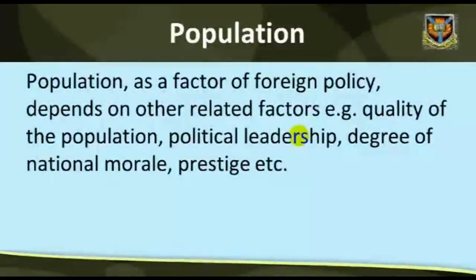In summary, population may enable or prevent a state from achieving its foreign policy objectives depending on a number of other factors.